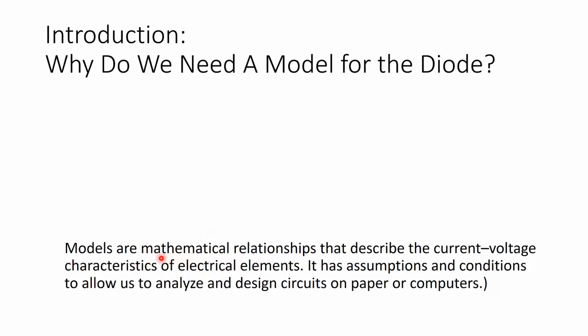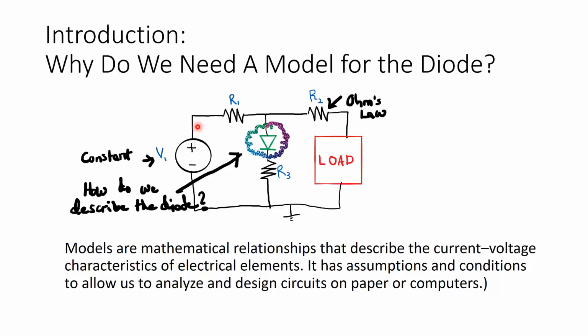It has assumptions and conditions to allow us to analyze and design circuits on paper or computers. For example, if I have a voltage source, a resistor, and a load in my circuit that I'm interested in, to know what the voltage and the current across it should be. Now if I have a diode in the circuit, how do I handle it?